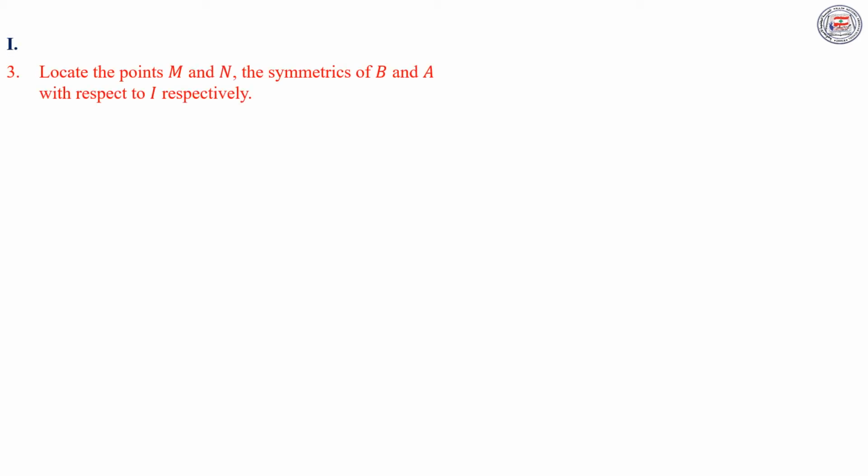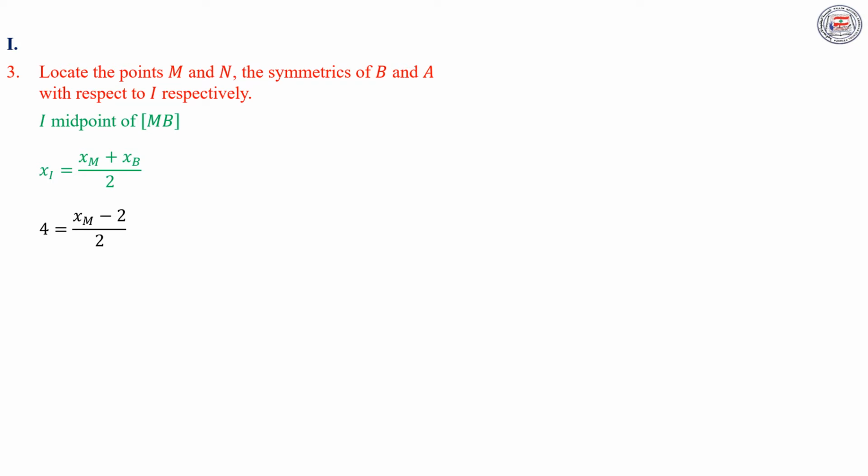In part 3, we have to locate the points M and N, the symmetries of B and A with respect to I respectively. That means we have to calculate the coordinates of the points M and N. With respect to I, that means I is the midpoint of MB, then xI equals (xM plus xB) over 2. We have xI equal 4 and xB equal -2, then 4 equals (xM minus 2) over 2.